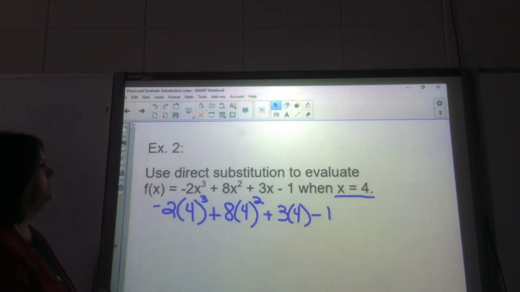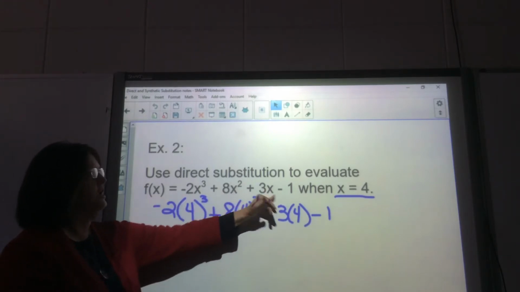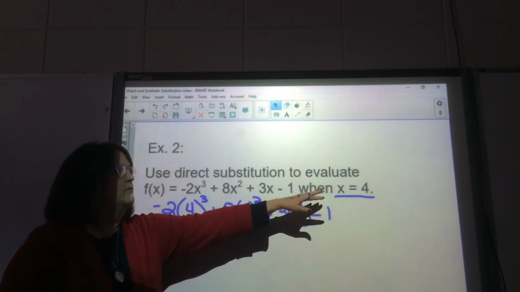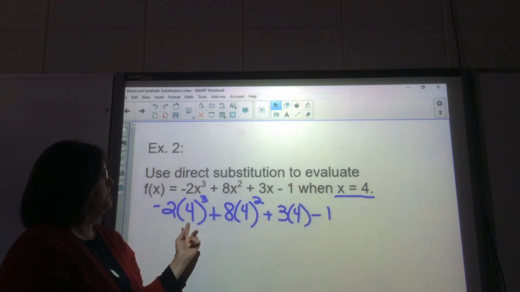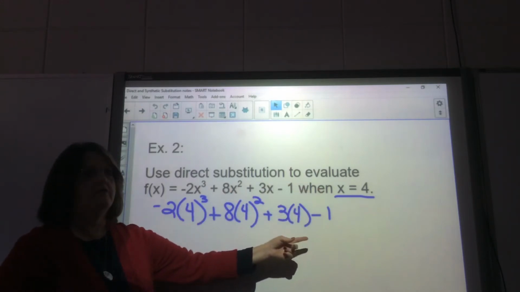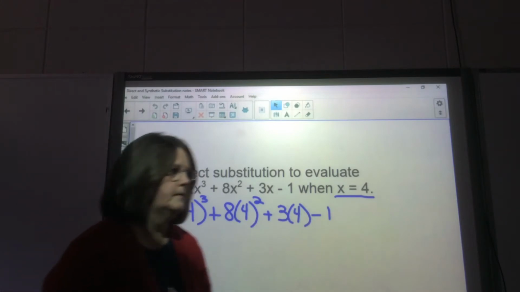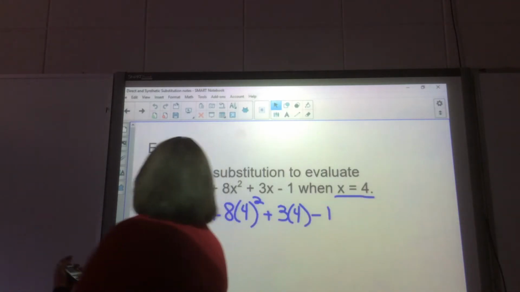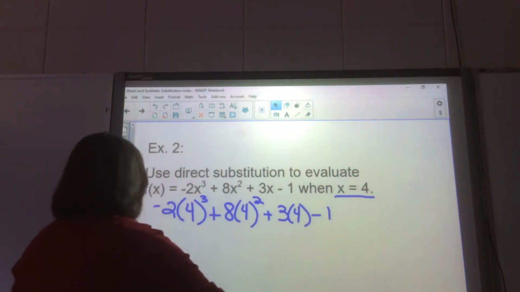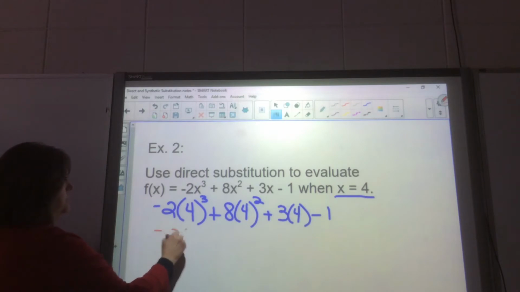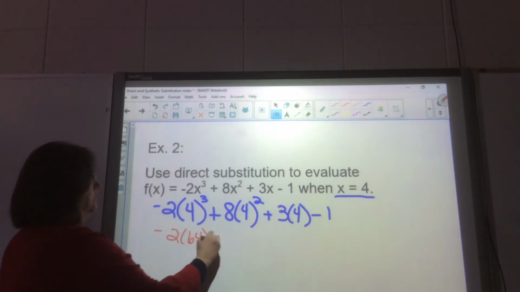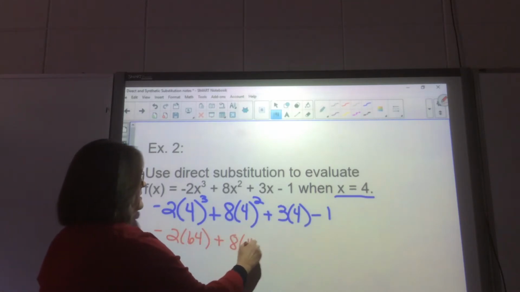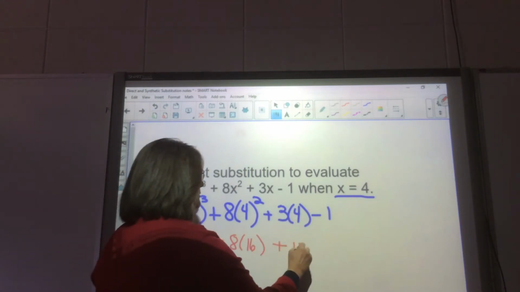Okay. This is just another problem doing the same thing. We have our function here, and we want to evaluate it when x is 4. You substitute in 4 for all of these to get your answer. Four to the third power is 64. So negative 2 times 64 plus 8 times 16 plus 12 minus 1.